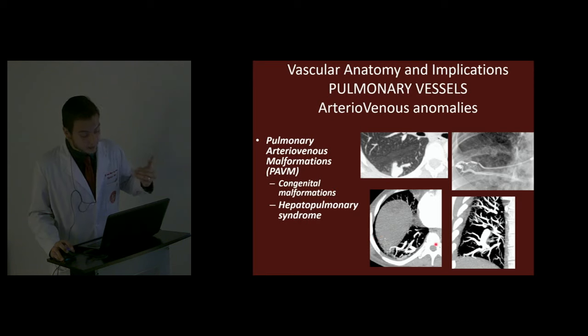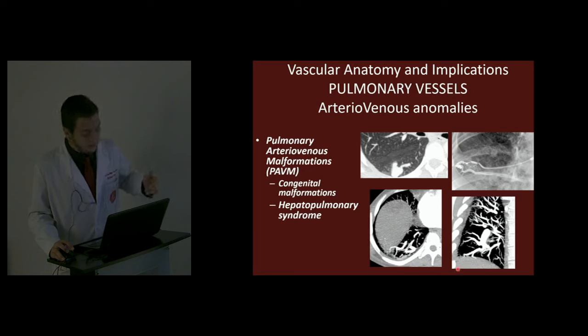And the hepatopulmonary syndrome is an acquired malformation characterized by extreme or end-stage liver disease that makes the lung want to supply the diseased liver with some oxygen, and that makes some of the arterial and venous vasculature of the lung go through the liver and make some abnormal connections.